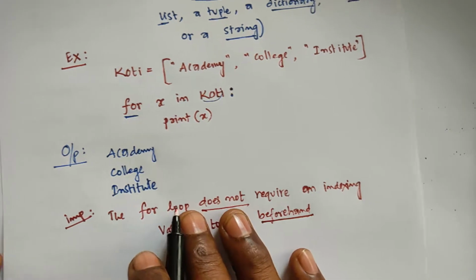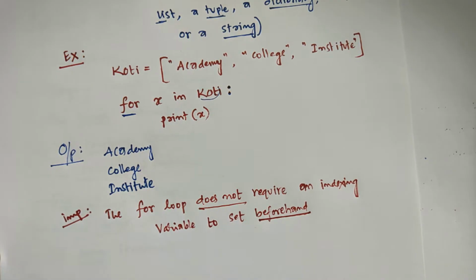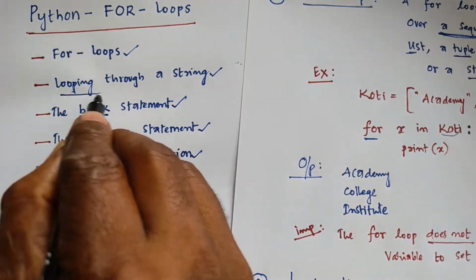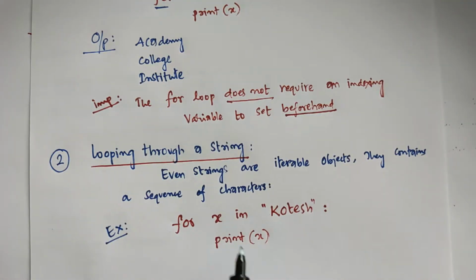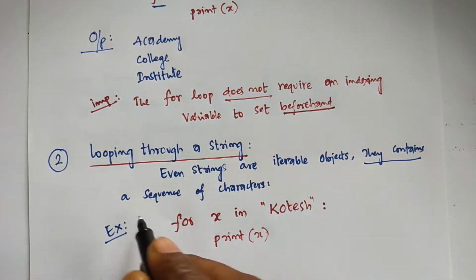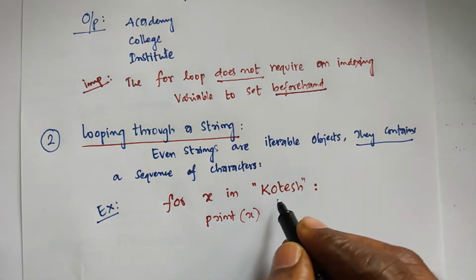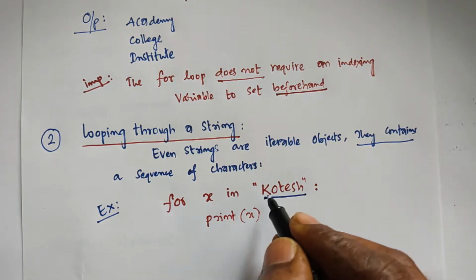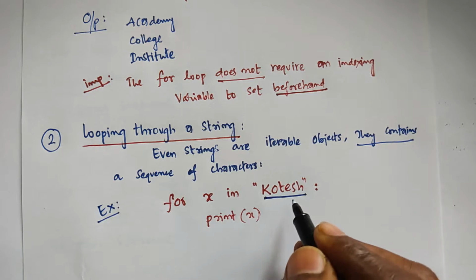So next one is looping through a string. That is the second one, looping through a string. It indicates that even strings are iterable objects. They contain a sequence of characters. This one is a string, containing a sequence of characters, K, O, T, like that.